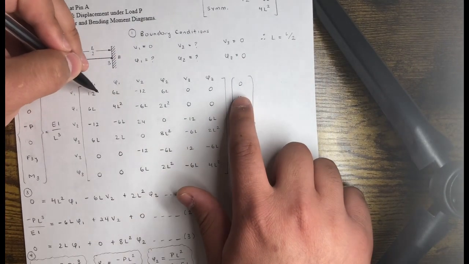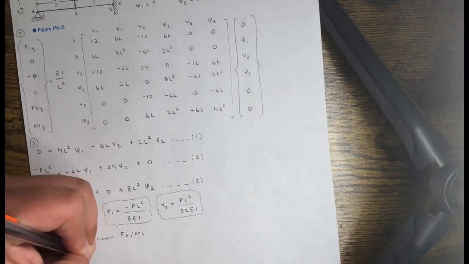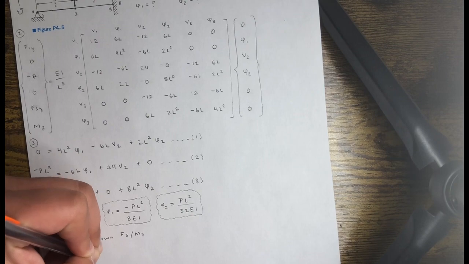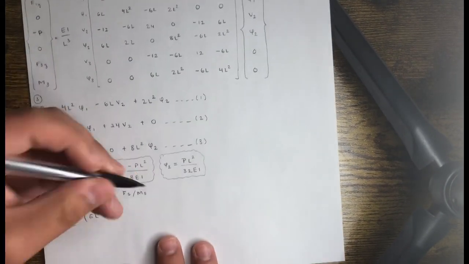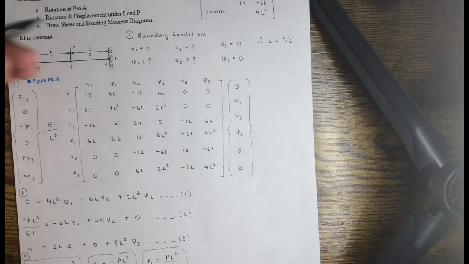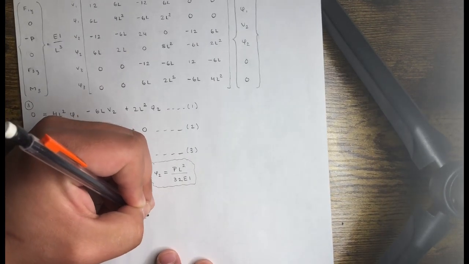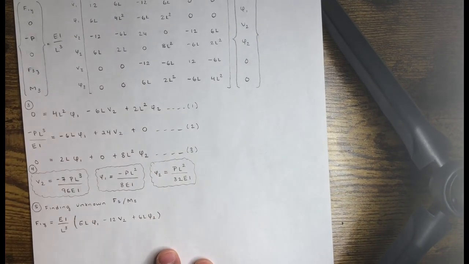Okay. 6L phi1 minus 12, all that good stuff, right? So 6L phi1 minus 12 v2 minus 12 v2 plus 6L phi2 plus 6L v2. All right.